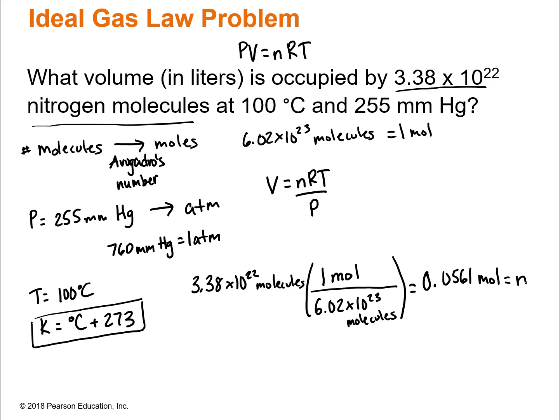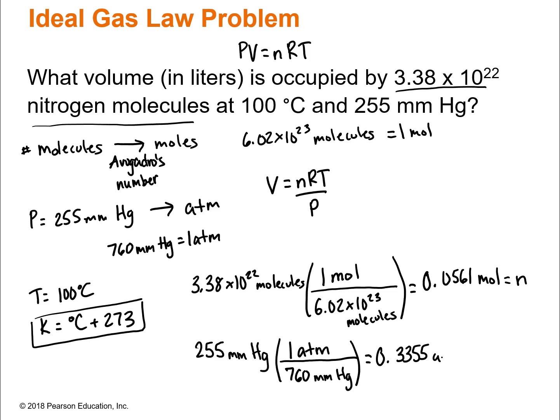So that's our N. Now let's deal with that pressure. We have 255 millimeters of mercury. We need to convert to atmospheres. So we'll put atmosphere on top and 760 millimeters of mercury on the bottom. So we should get 0.3355 atmosphere. We're not worrying about rounding yet. We're not at the end of the problem.